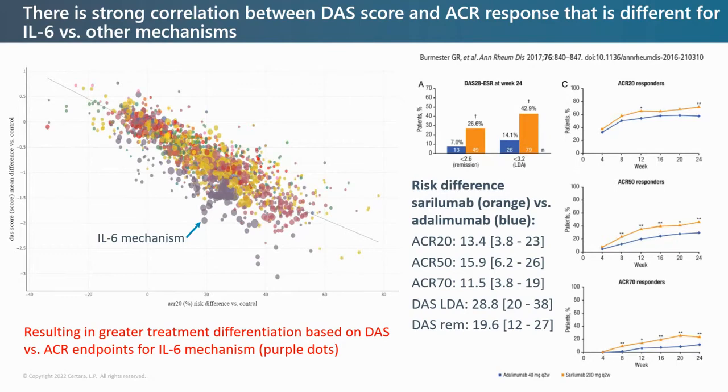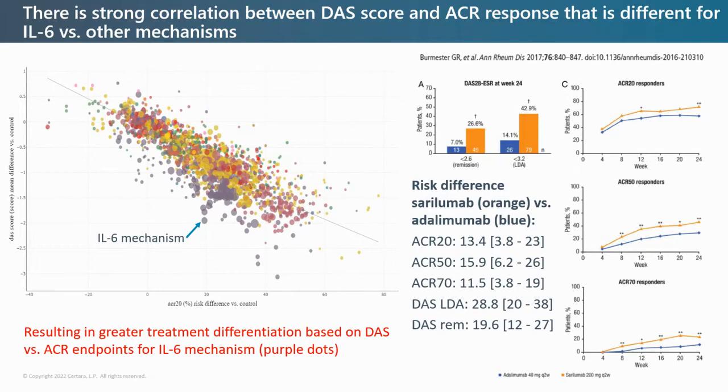So what I've done here is, again, take a snapshot directly out of the Codex application of all the trial data across all the different drugs that shows the difference versus control in ACR20. So how many more patients achieve ACR20 versus the difference from control in the DAS score. So what is the drop in mean DAS score relative to control?